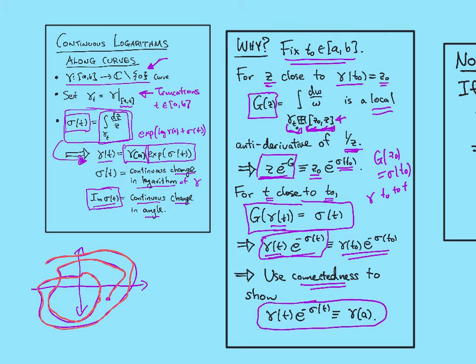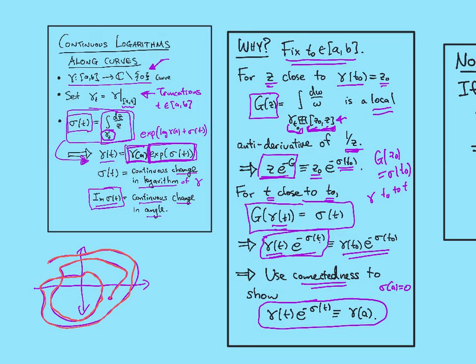So you could extend this all the way down to t equals a, where sigma of a has to be 0 because it's just integrating over a constant curve. And so we get the formula that we want. We have extracted the change in the logarithm here times the starting value. And so this keeps track of angles and the logarithm of curves that avoid the origin.